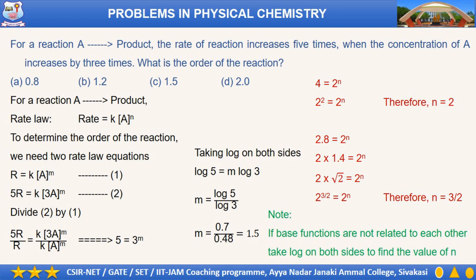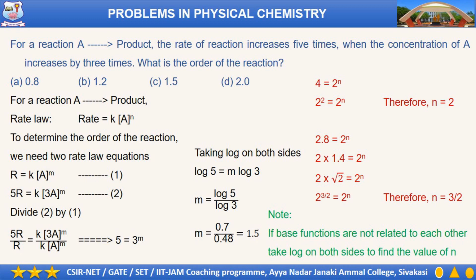Option A, 0.8 order; B, 1.2 order; C, 1.5 order; D, second order reaction. Here we are going to calculate only one reaction order. Therefore, how many equations do we need to solve? Two rate law equations.